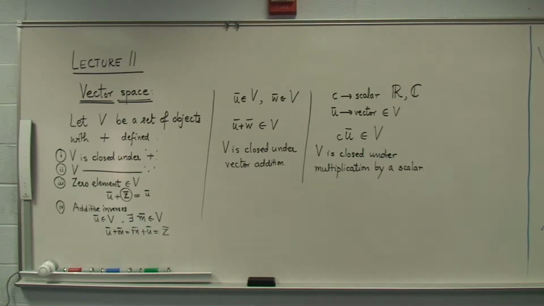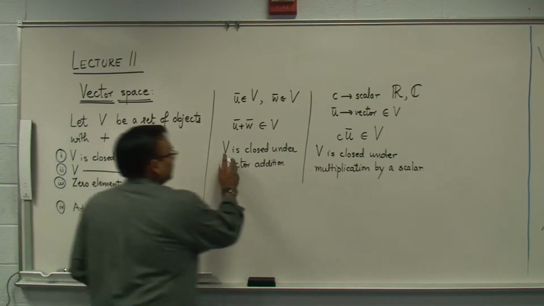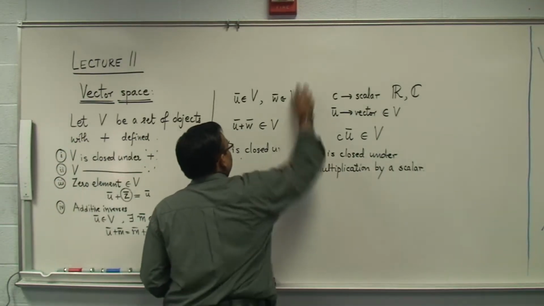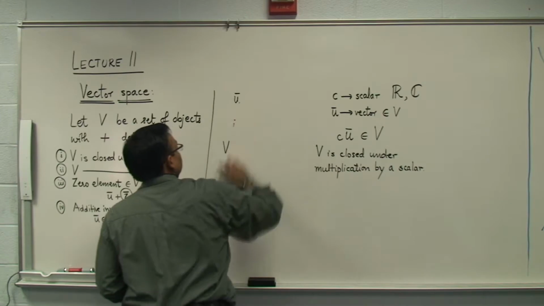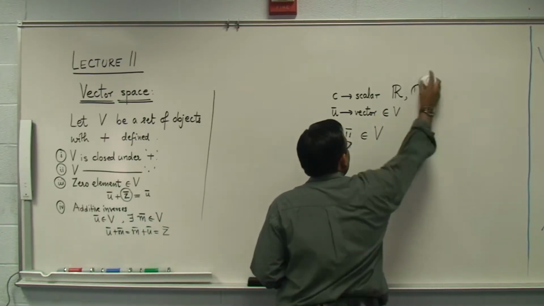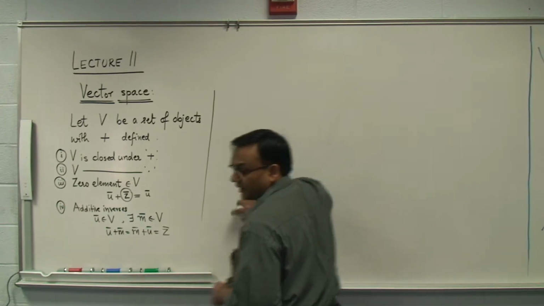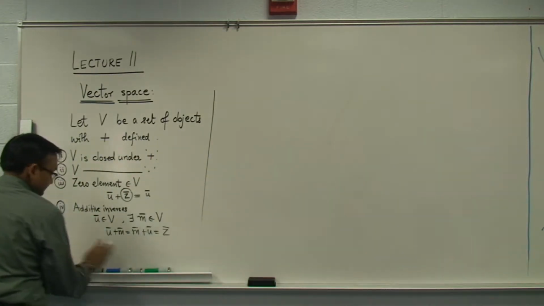If we have such a setting, then we claim that we will have the beginning of what we call a vector space. Now there are other rules also which I have not mentioned here, which we will bring in one at a time. But first let us see, are there sets and are there objects which have this kind of structure, the 4 points that I have written over here? Do they have such a thing going on somewhere?